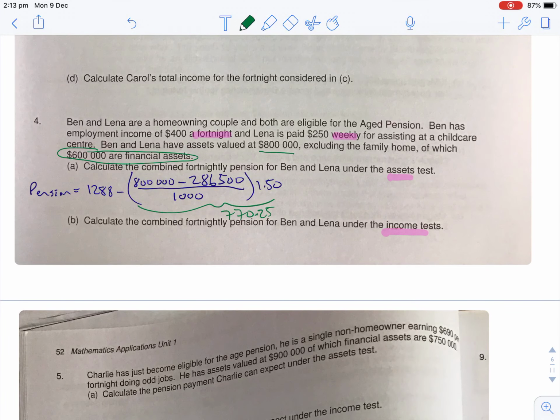So when I subtract that from my full pension, I wind up with a pension of $517.75 per fortnight between the two of them. So that's not per person, but for the whole partnership. Now that's under the assets test.